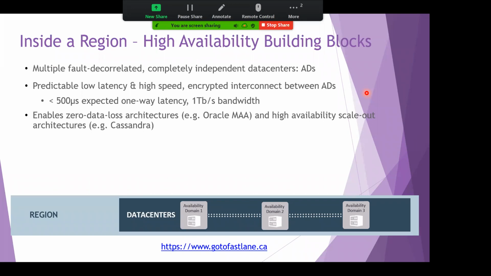A few sentences over here which are very important to read in the slide are predictable low latency and high speed. What is very important in cloud is the ability to predict. One predictability that we talked about in the last session was cost predictability, being able to predict the costs of subscribing to a particular service.